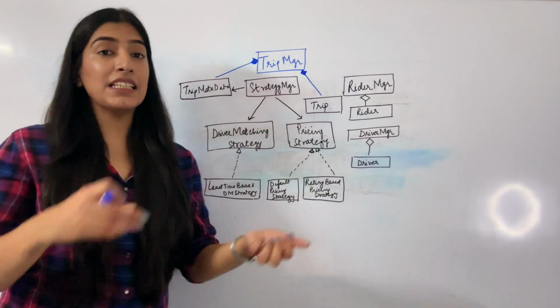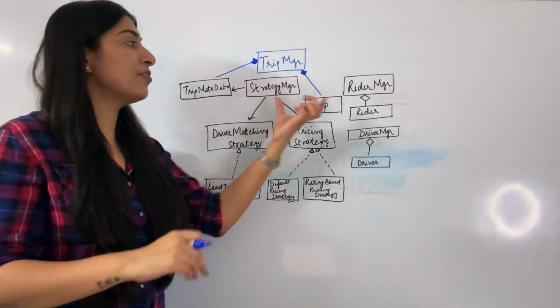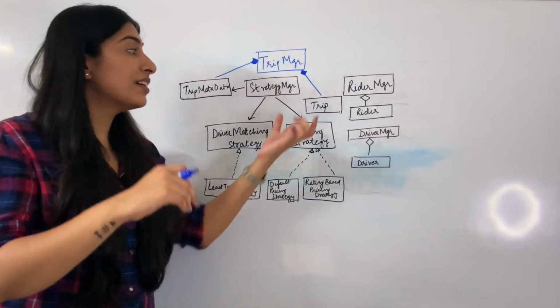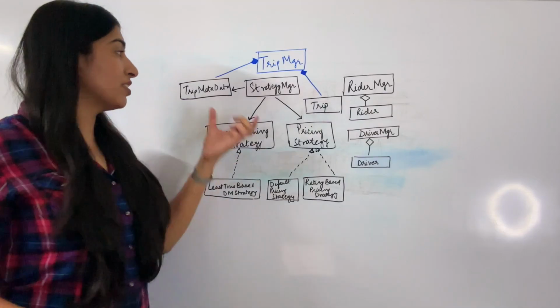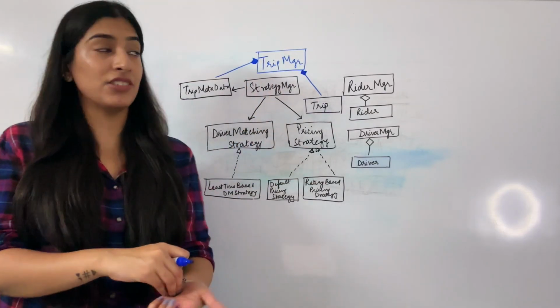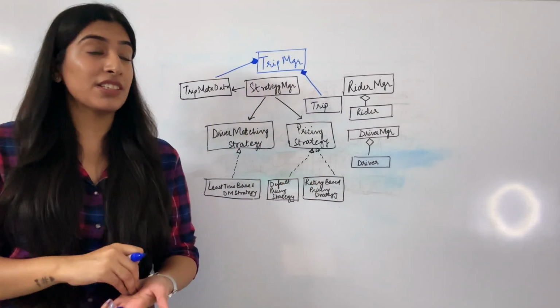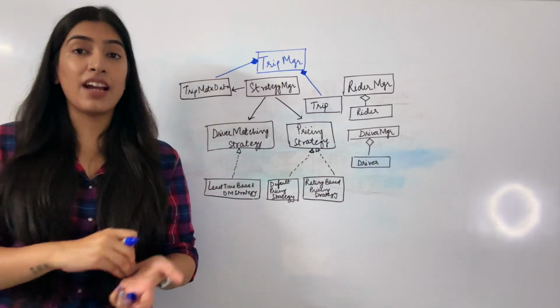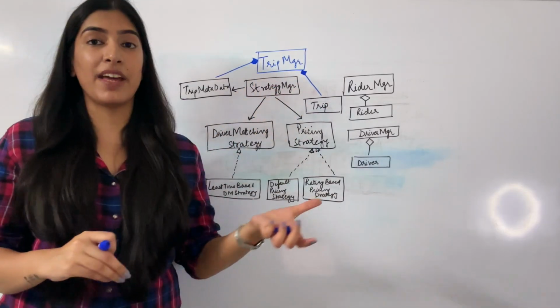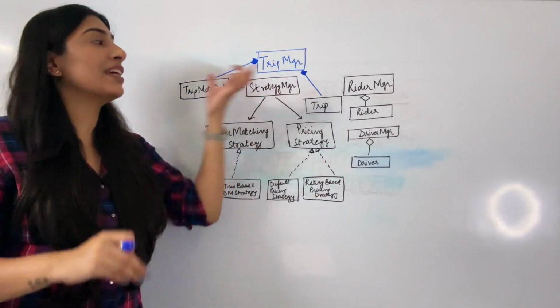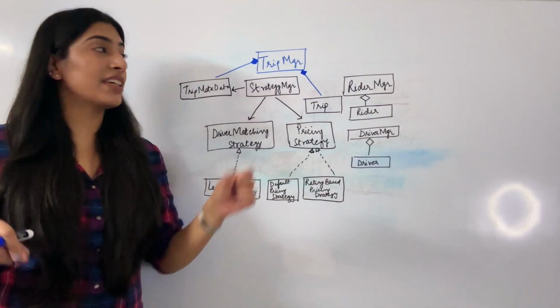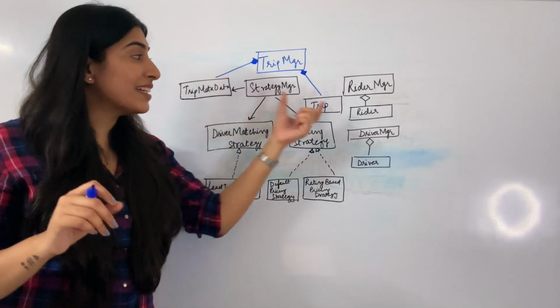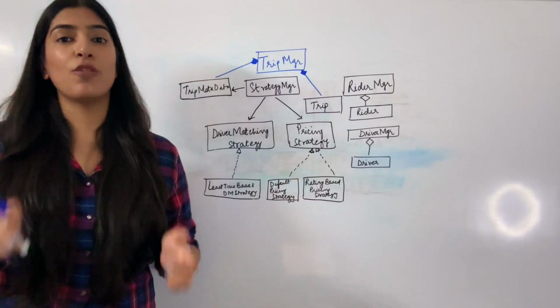So trip manager is the one who is responsible for the existence of the trip. Trip is a part of trip manager. Trip metadata is a part of trip manager. So that is why this is a composition relationship. Trip or trip metadata cannot exist without trip manager. We are creating the trip only in trip manager. Who is doing the creation? Trip manager. So the existence is dependent on that. That is why composition relationship.